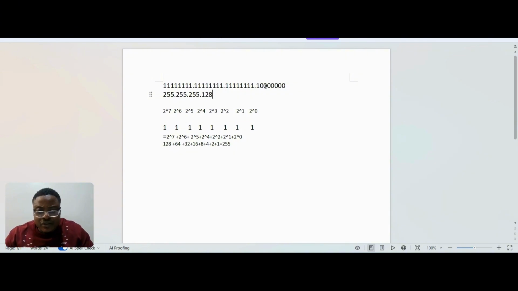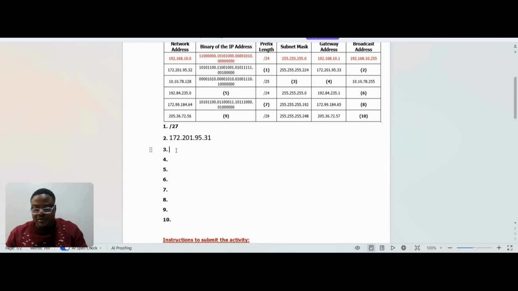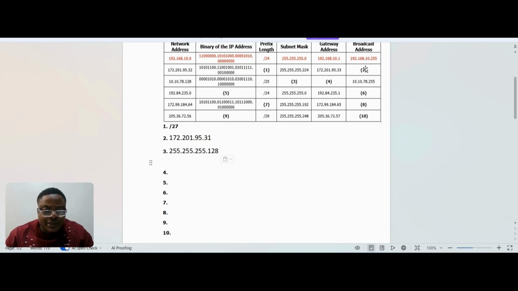That is the same method I used in converting binary to decimal, the same method I used in converting 10000000 to decimal, which is 128. So the answer is 255.255.255.128. I'm going to paste it here as my answer, number three. That is my answer.